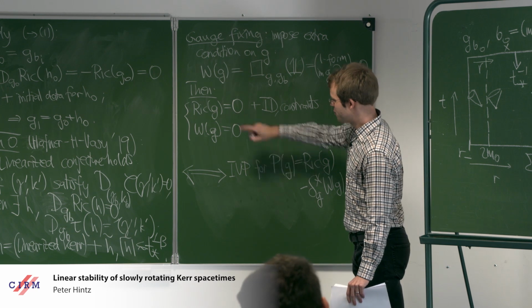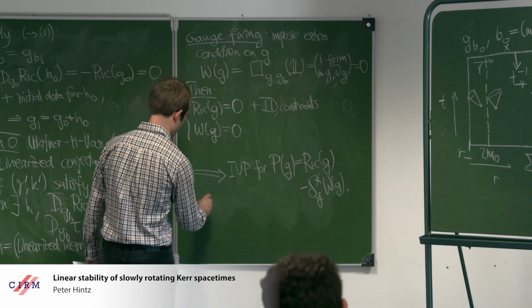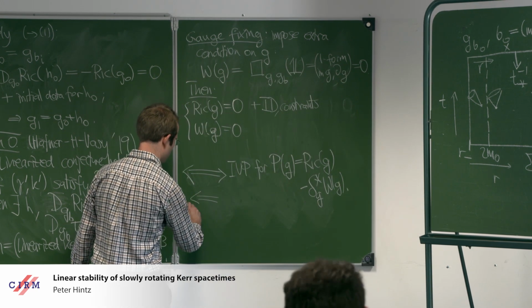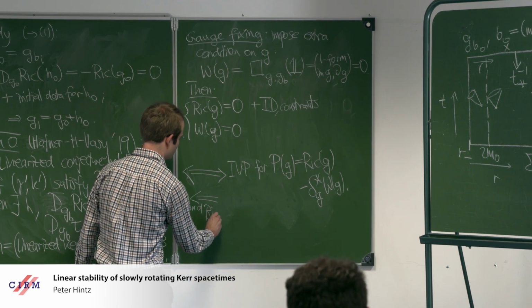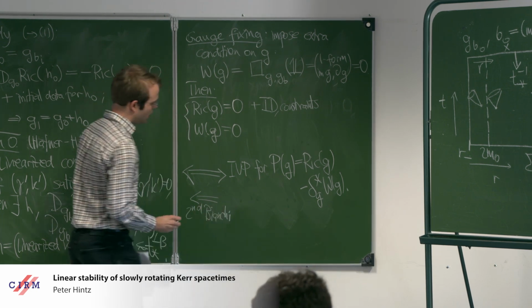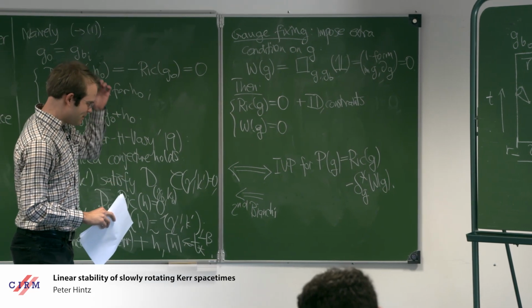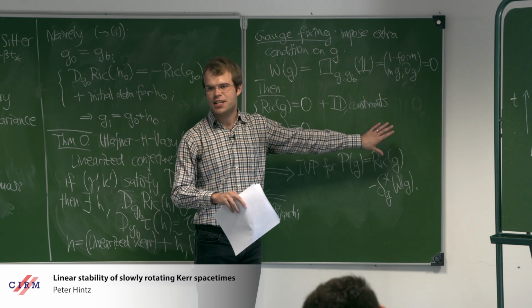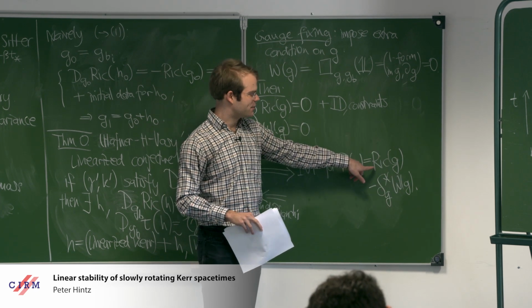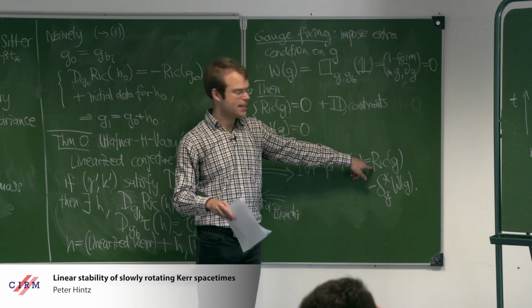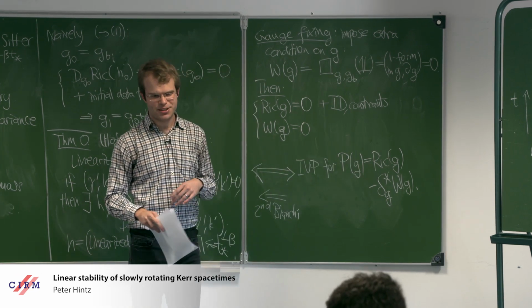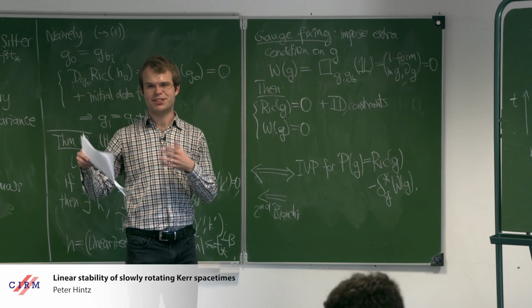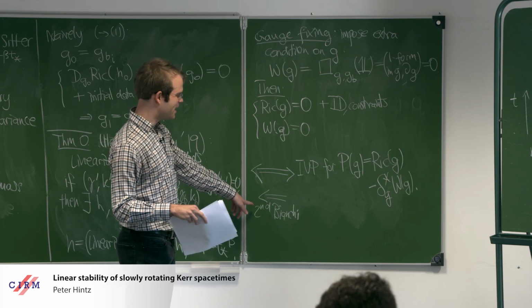It turns out it's equivalent to this, and roughly speaking, the left arrow here uses the second Bianchi identity. So let me just very briefly explain this. Namely, the Ricci tensor of any old metric doesn't have to satisfy any equation. It satisfies a first order PDE, because you remember that the divergence of Ricci is equal to twice the gradient of scalar curvature. So that's the second Bianchi identity.